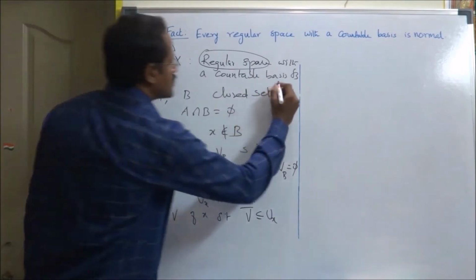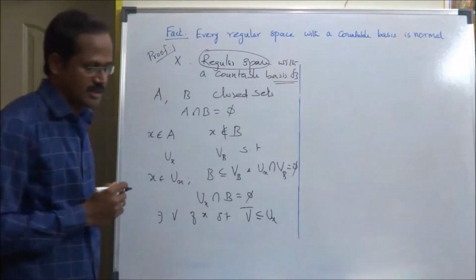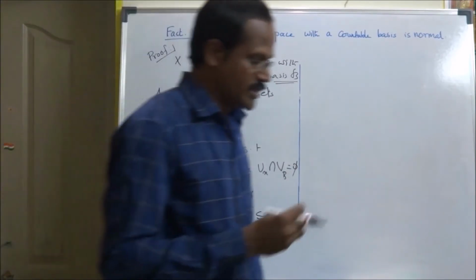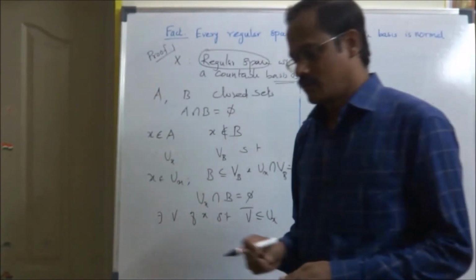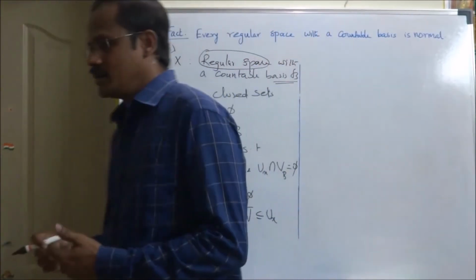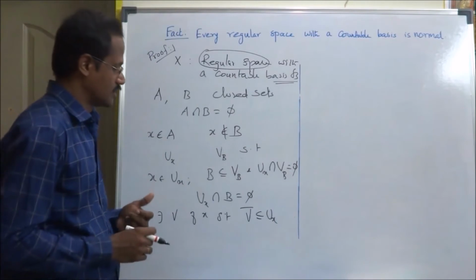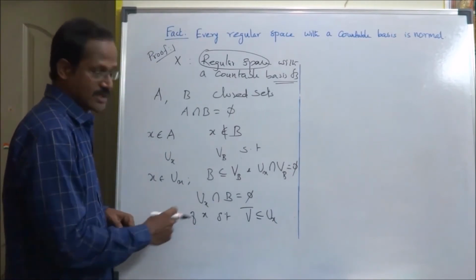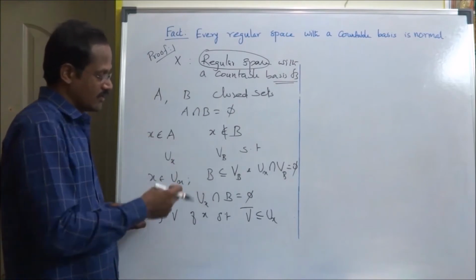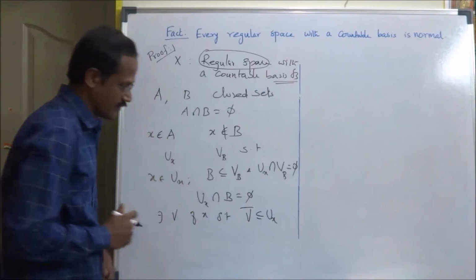Now, B is a basis. Therefore the topology tau is induced by B. From that you can easily say that given any open set containing x, there is a basis element which contains the point and is contained in the given set.